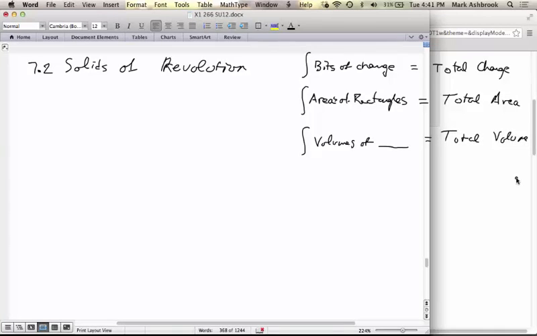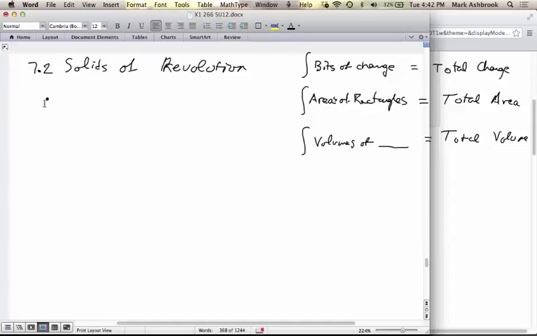So this is the pattern for all these problems, okay? The German S means sum up. We're going to sum up a typical version of something, and when we do that starting at one value all the way to another value, we get this area, this region, or this volume.